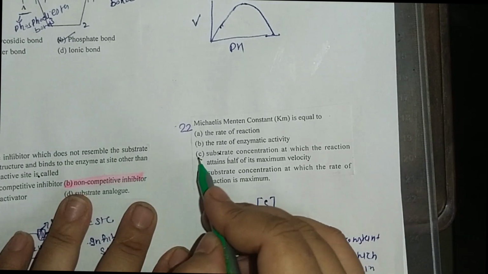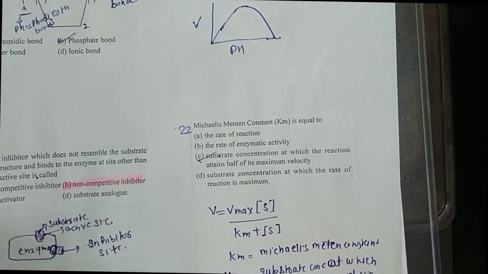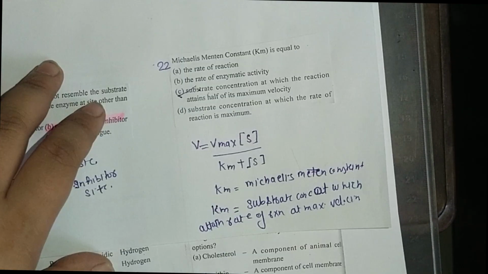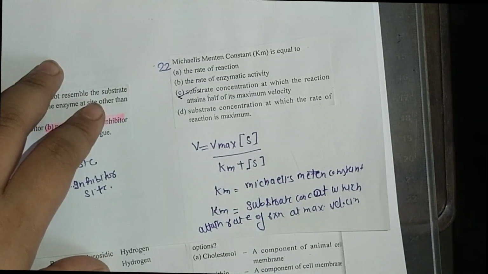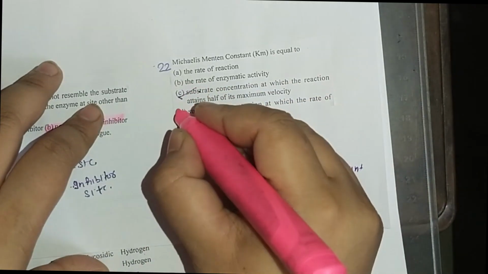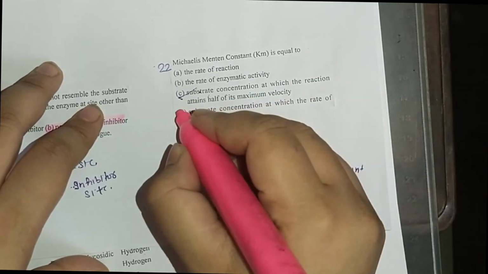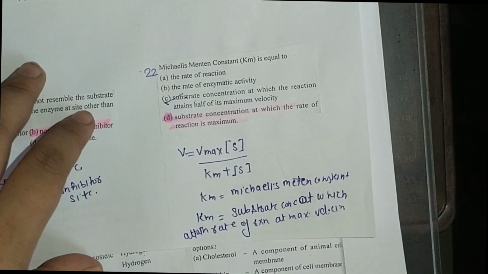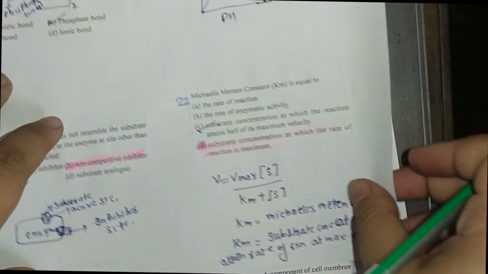So the correct answer is C. So the correct answer is D instead of C, because in C it is written half. So the correct answer is D. Moving on to the next question.